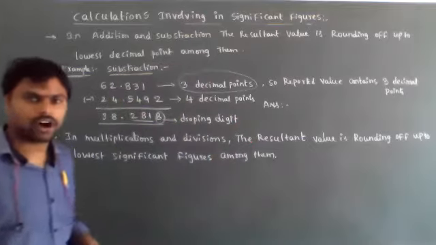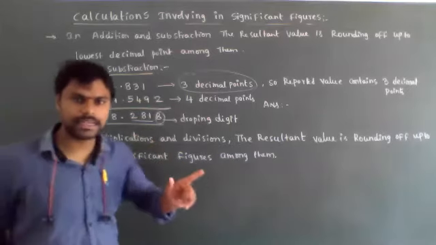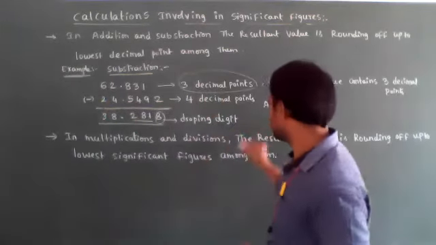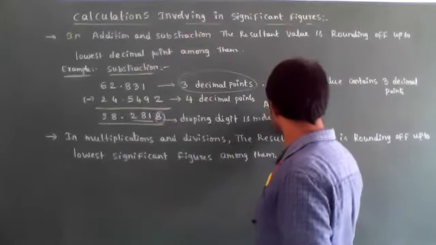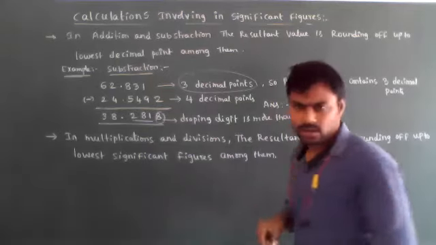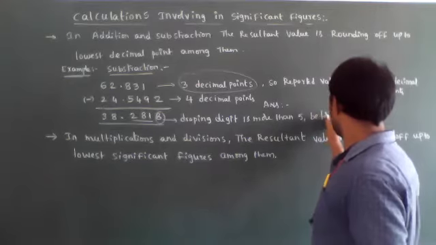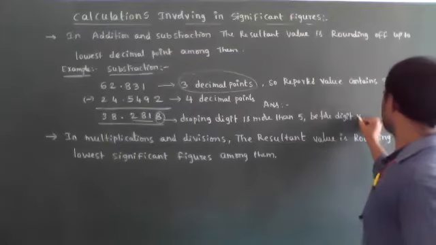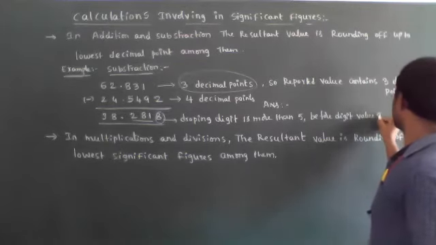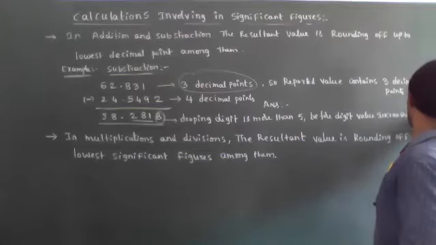The dropping digit is more than 5, then the before digit is increased by 1.